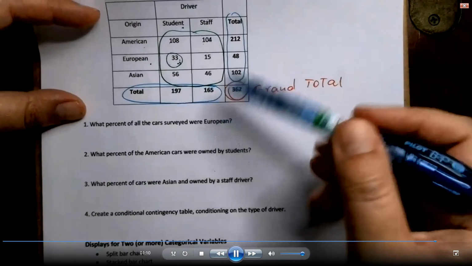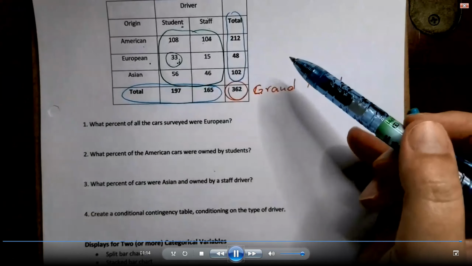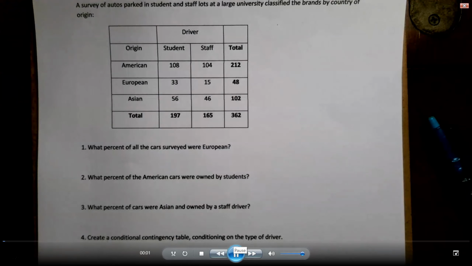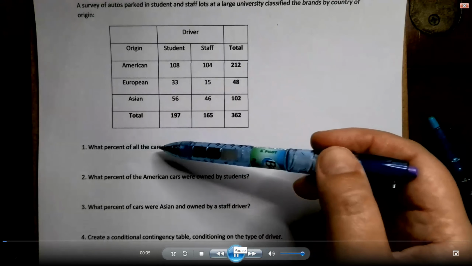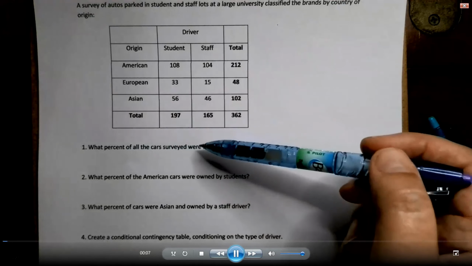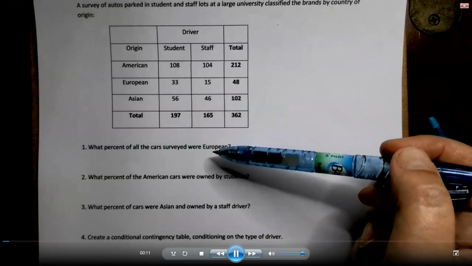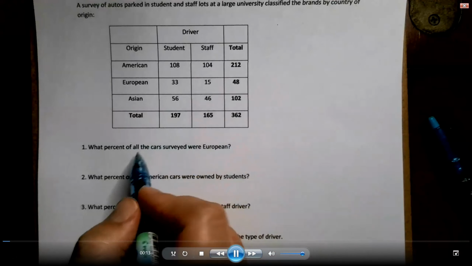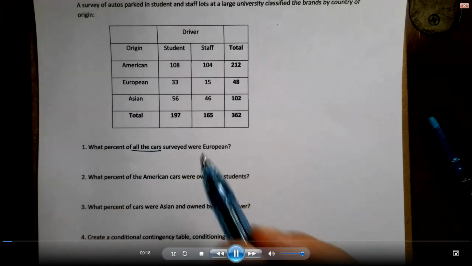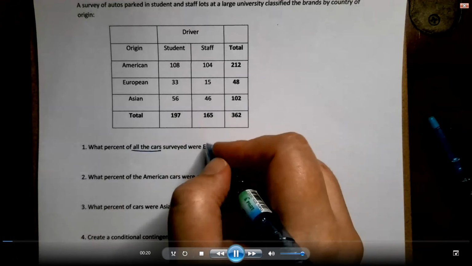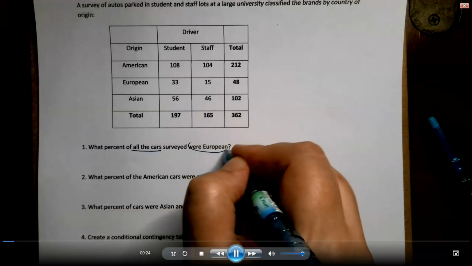Now let's use this table to answer some questions. Here's our first question: what percent of all the cars surveyed were European? The thing to note here is that they're talking about all the cars, and they want to find out how many of all the cars are European.